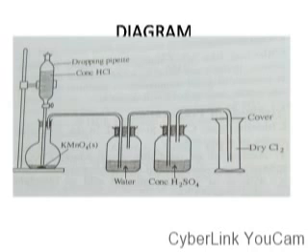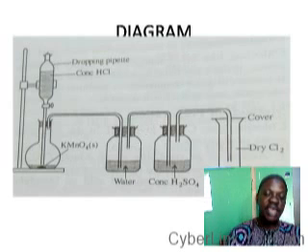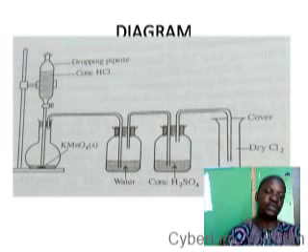That is, the unreacted hydrogen chloride gas will come out with the chlorine gas that is produced. And that is why this flask is necessary. This flask that contains water is there in order to absorb the unreacted hydrogen chloride that will come out in gaseous form with the chlorine.